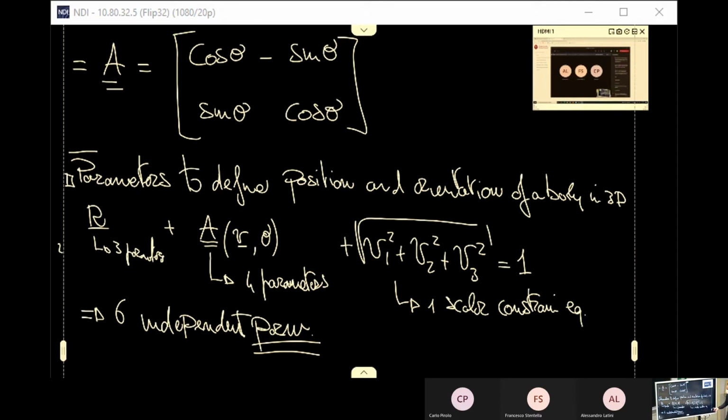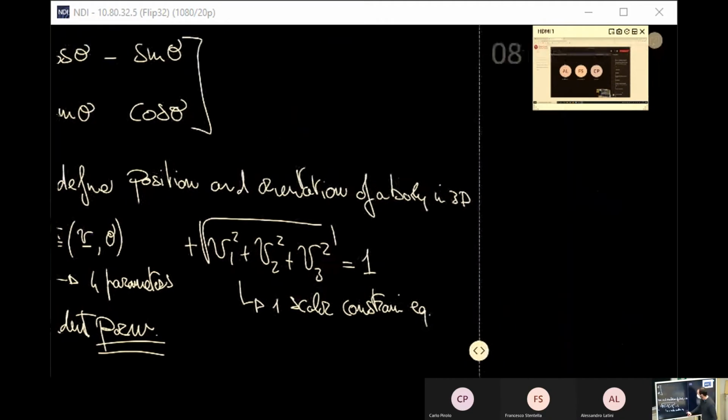Now, a final consideration. How many ways are there to express these parameters that we need to identify the position and orientation of a body? Multiple ways. We will actually describe 3, actually 4 if we have time.